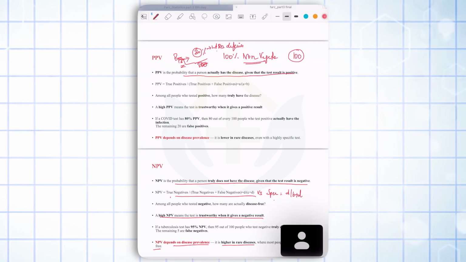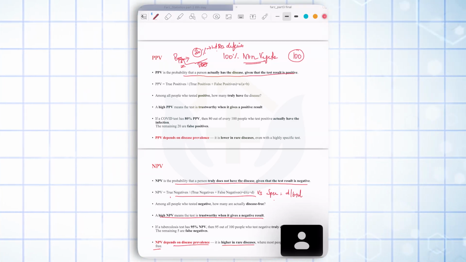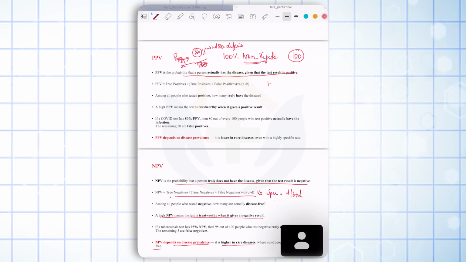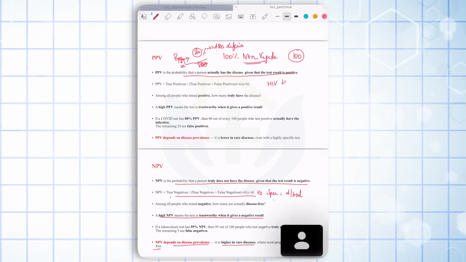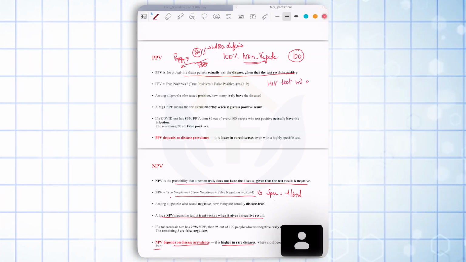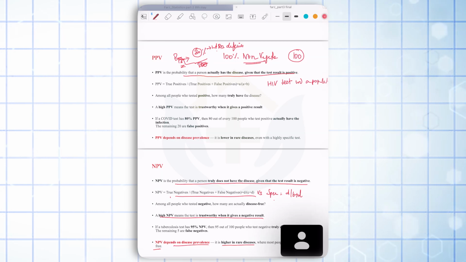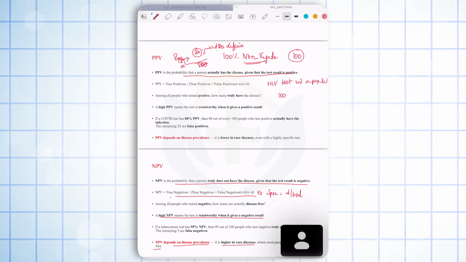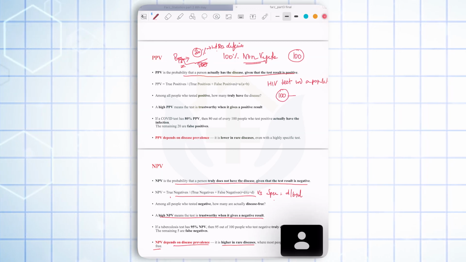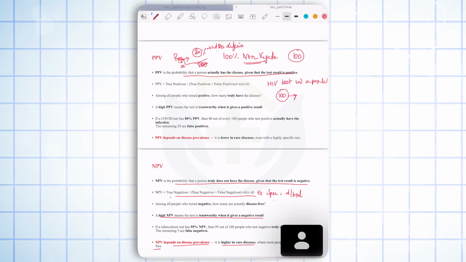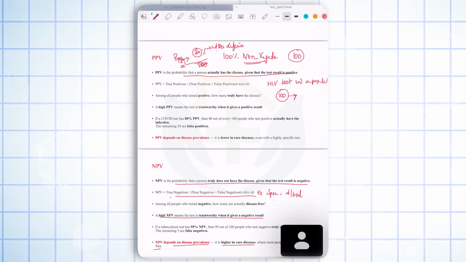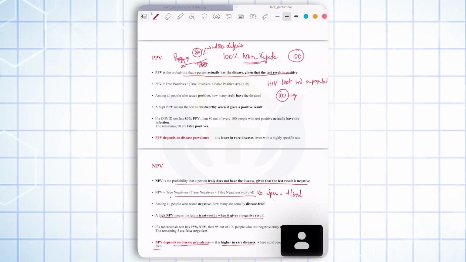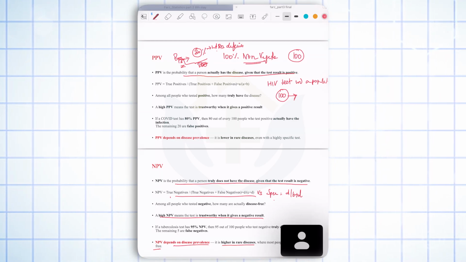For example, say they are doing an HIV test in a population, taking 100 samples, and none of these 100 ever had any risk factors for HIV, be it IV drug abuse or sexual practices.